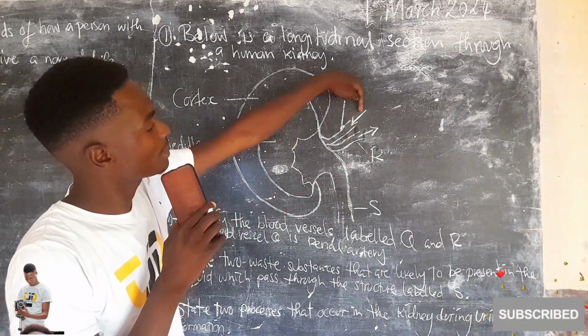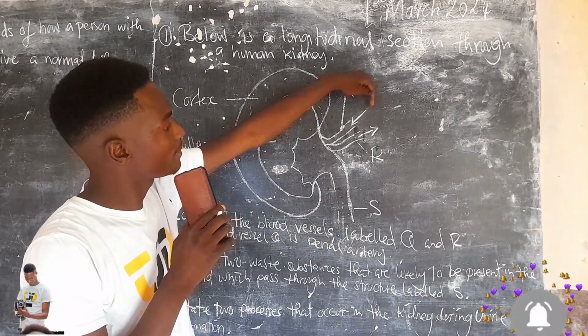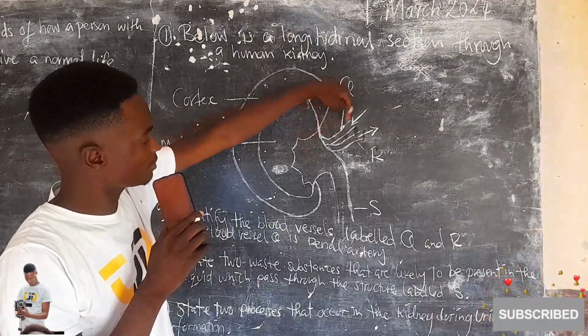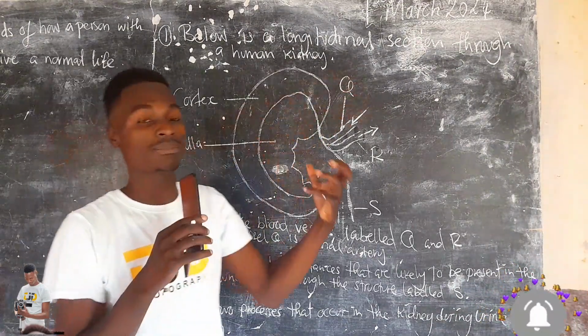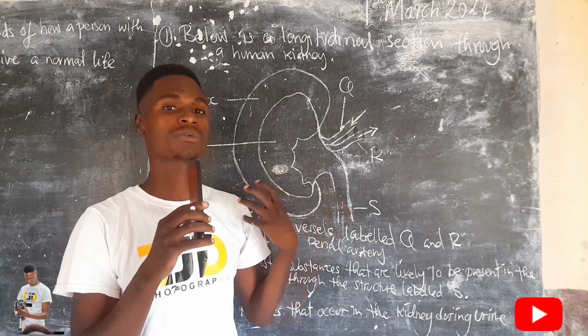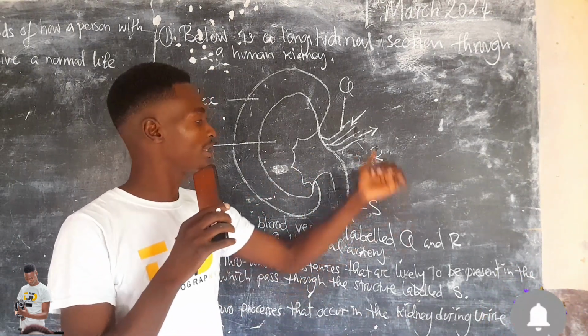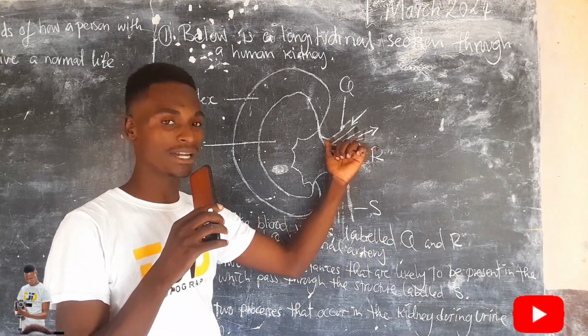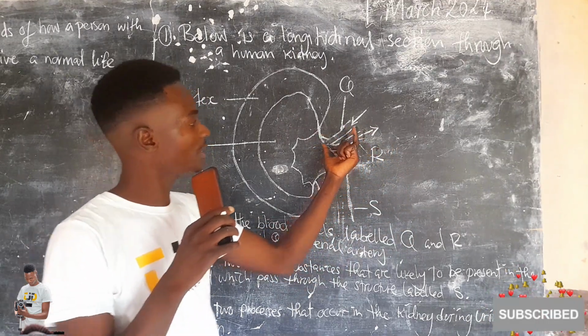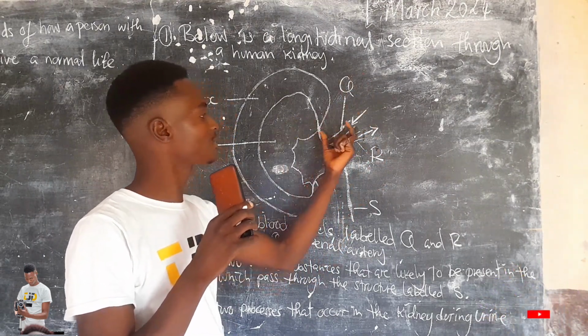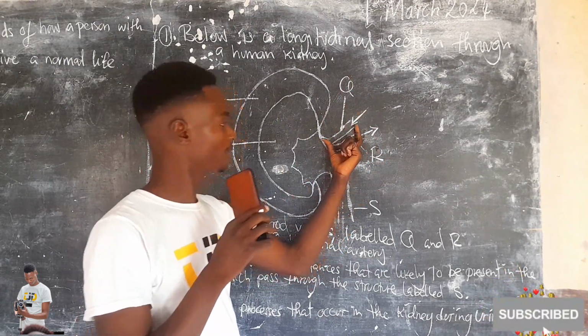Because look at the direction of the flow of blood. Blood that is going into the kidney is oxygenated blood, and oxygenated blood comes from the heart, through the aorta, then you have the renal artery. The artery that connects the aorta and the kidney is known as the renal artery.